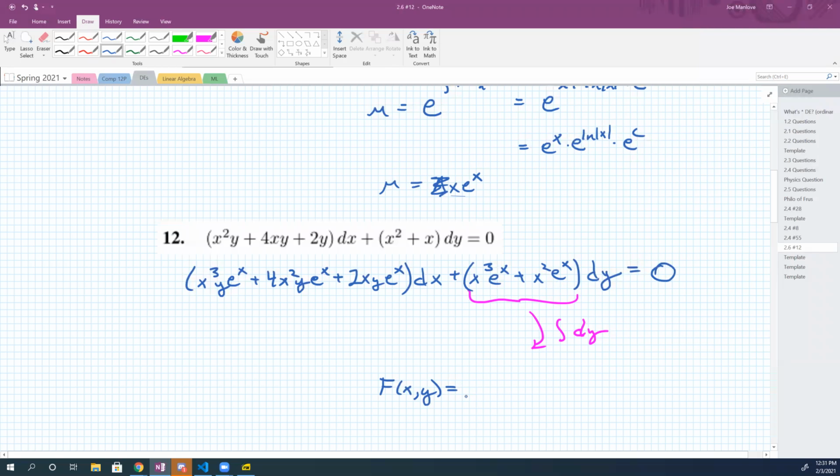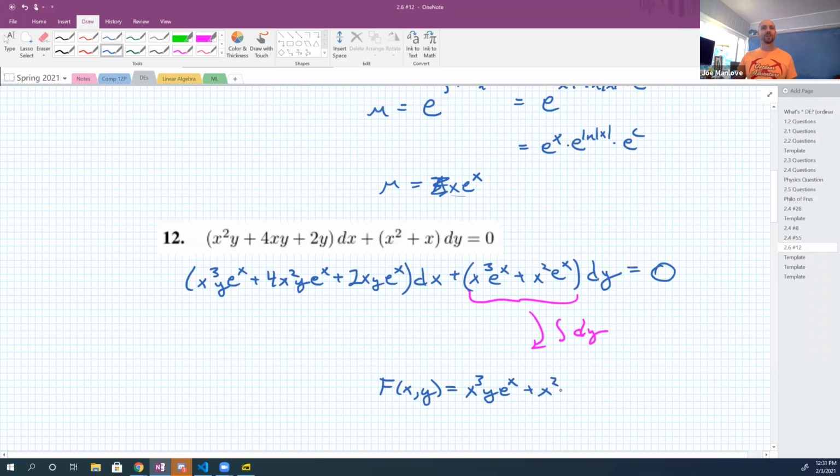And it is exact, by the way. Yeah, it should be exact. If it wasn't exact, I did the integrating factor wrong, which happens. But okay, so I integrate this y, and then what else do I need here? Let's see. Yeah, I need plus some kind of constant or something.